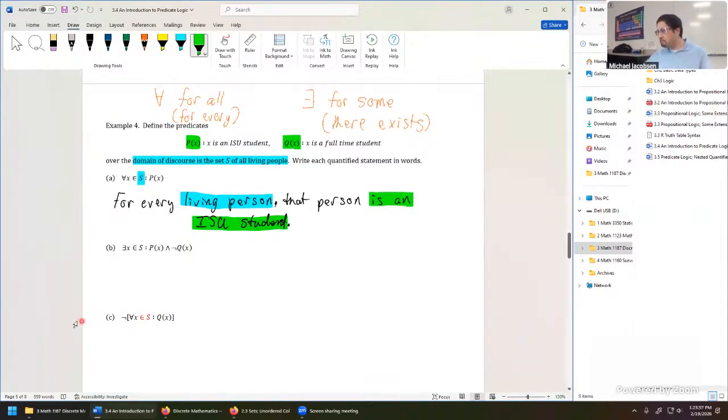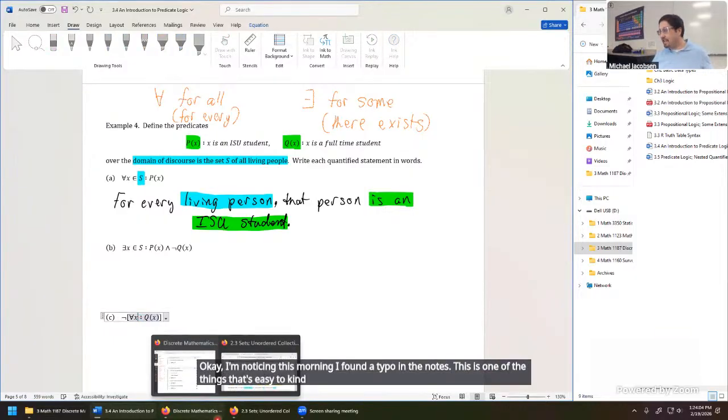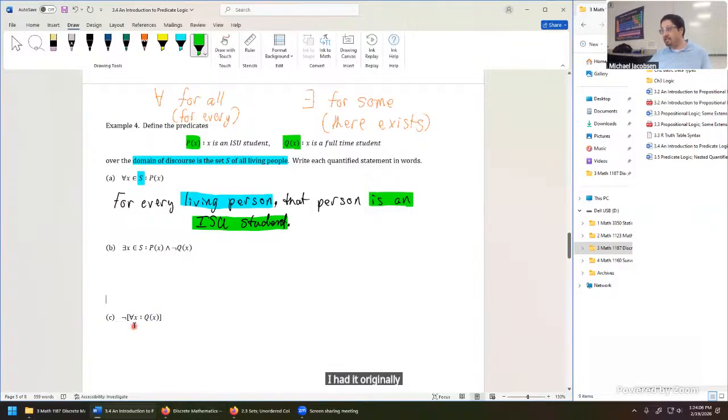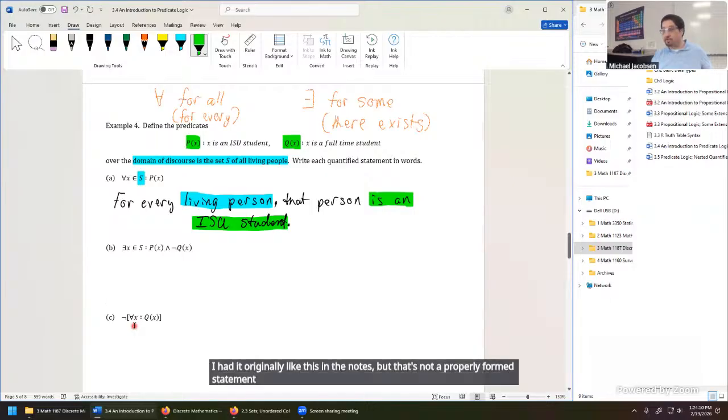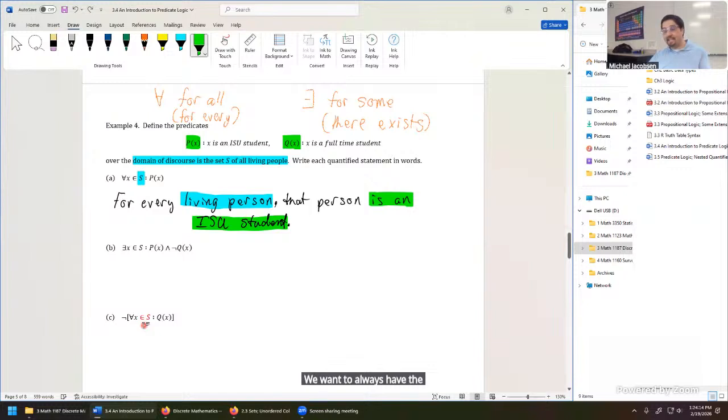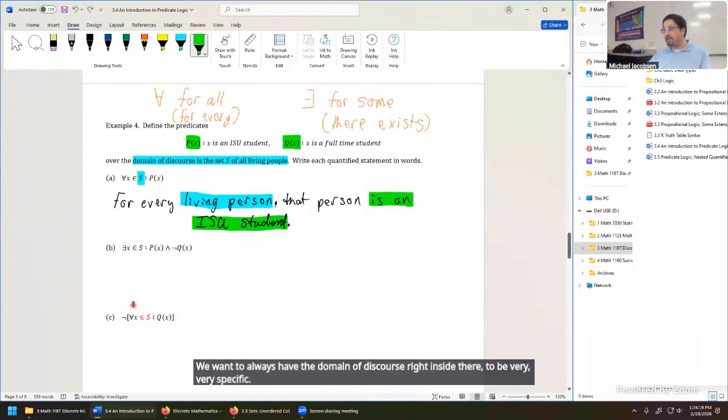Okay, I'm noticing this morning I found a typo in the notes. This is one of the things that's easy to kind of miss. I had it originally like this in the notes, but that's not a properly formed statement in the way our textbook introduces quantifiers. We want to always have the domain of discourse right inside there to be very, very specific. Other textbooks might take it off, and then there's an implied domain of discourse.